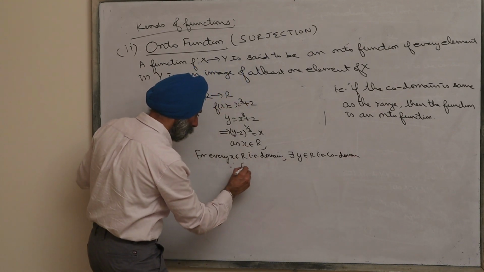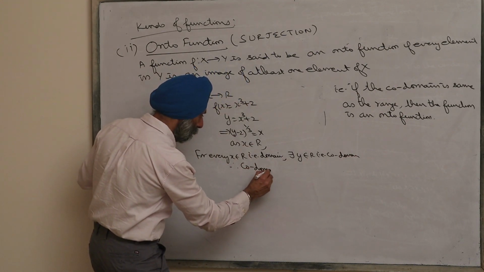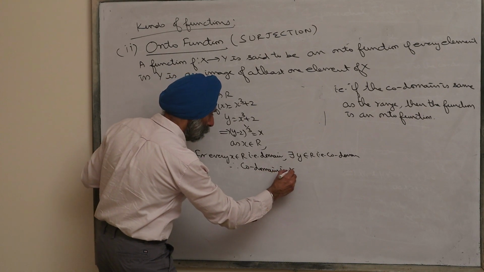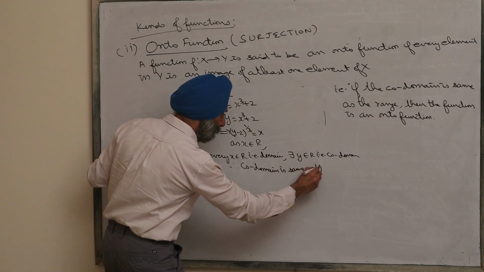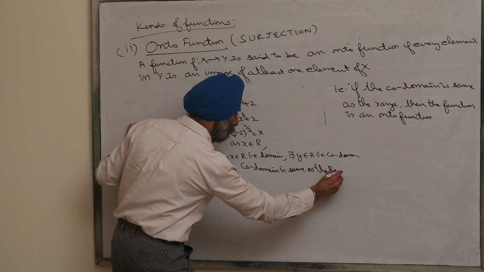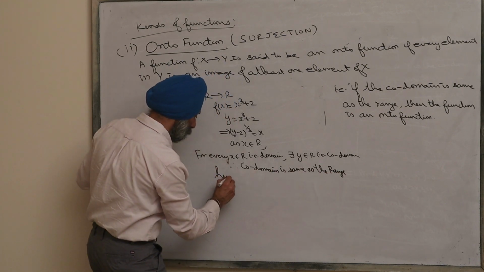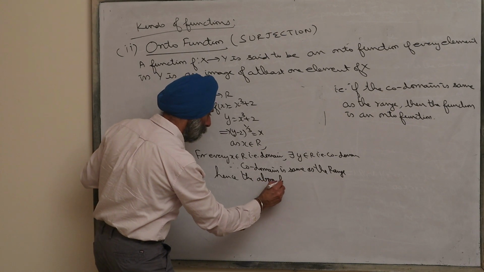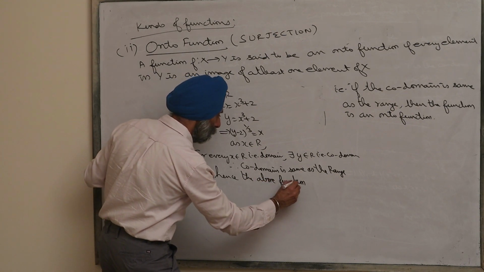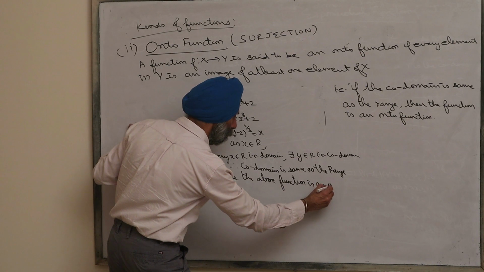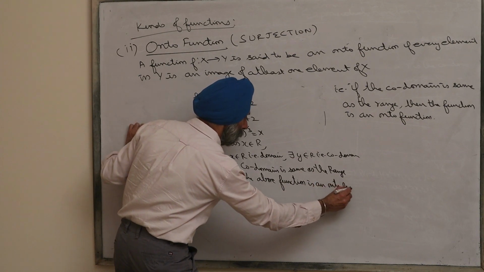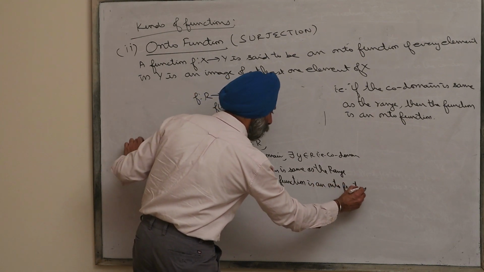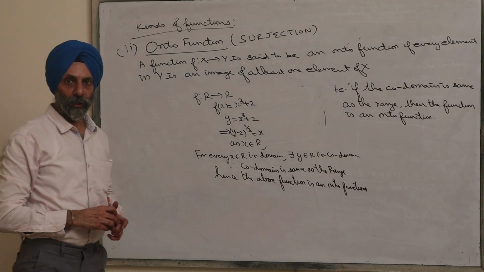So therefore the codomain is same as the range, hence the above function is an onto function.